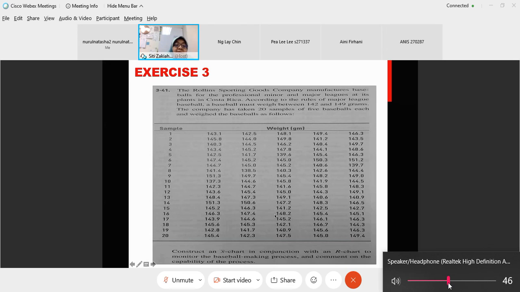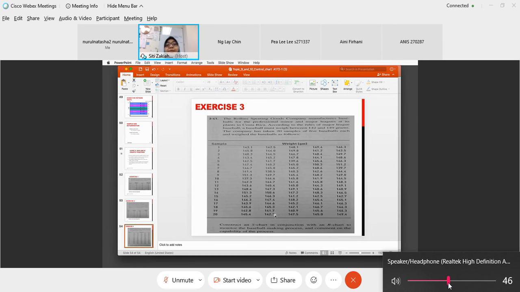I just sent some work to you. Since we are not going to have class this Sunday, for that class you submit your work. I have only put up the P chart and the C chart.